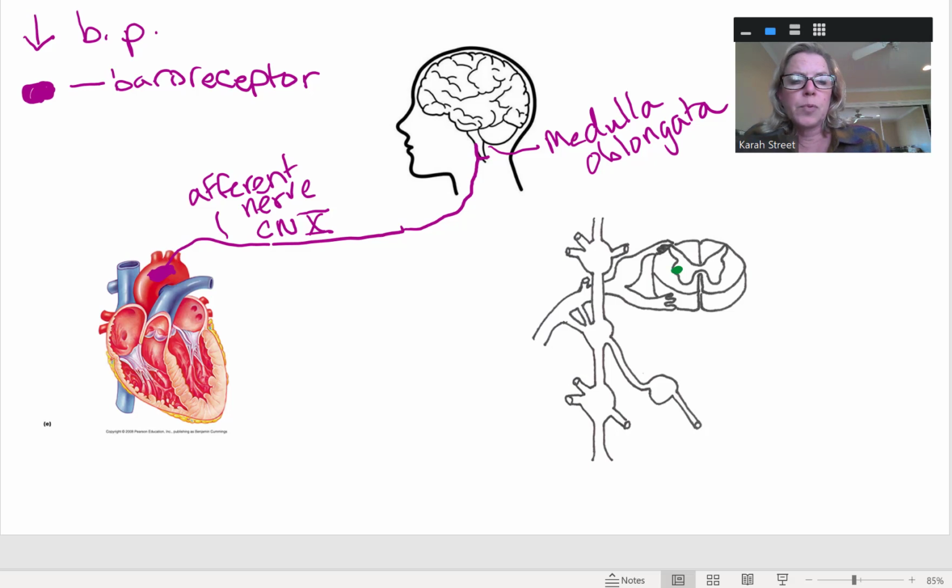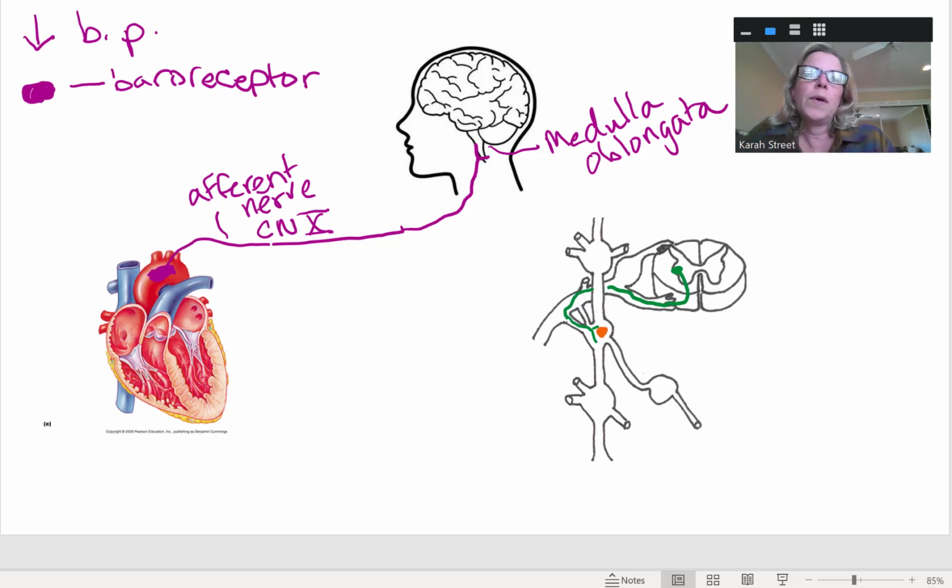So the preganglionic fiber would exit through a ventral rootlet, enter an anterior primary ramus for a short time, enter a white communicating ramus, and it would synapse in the sympathetic trunk on a postganglionic cell body.